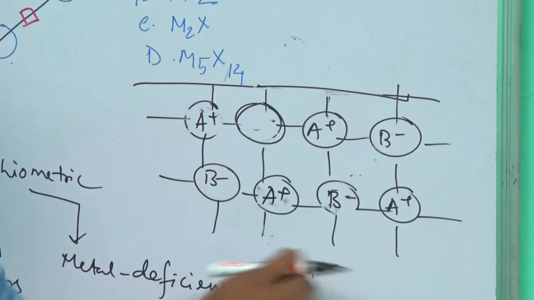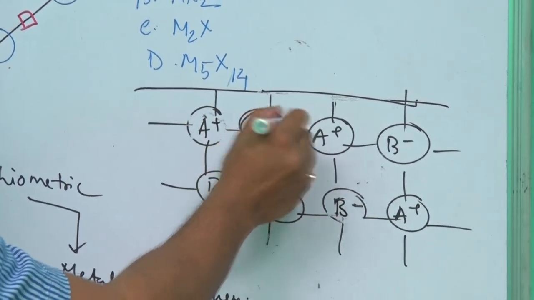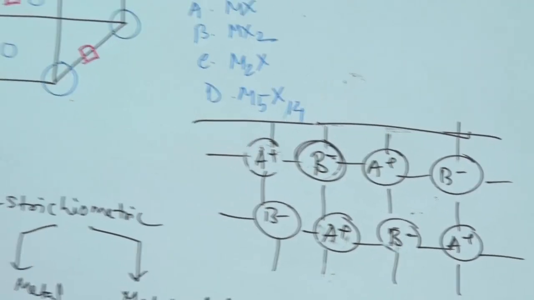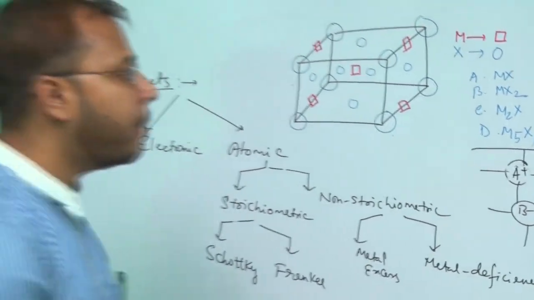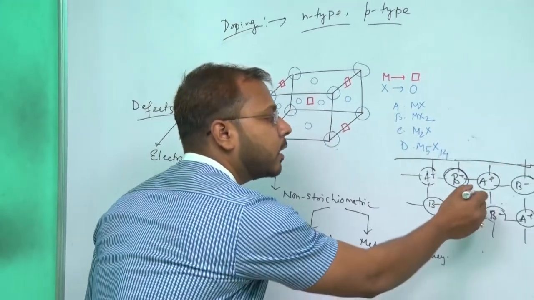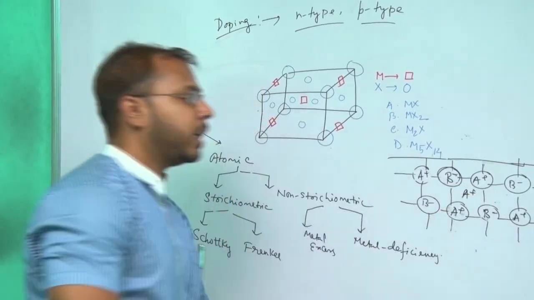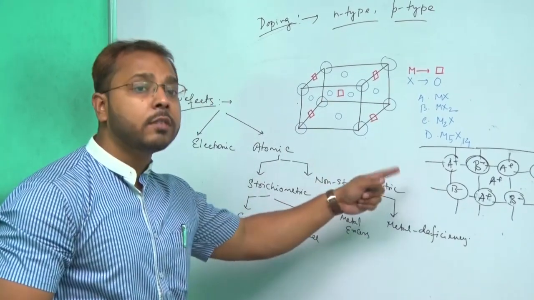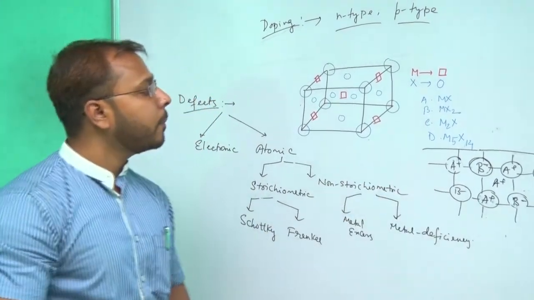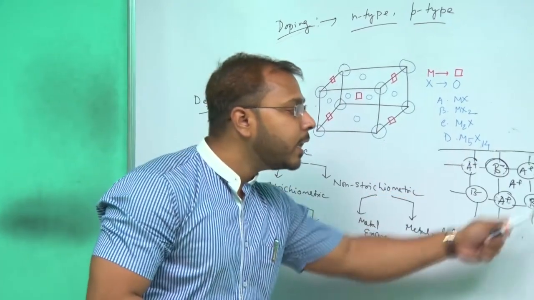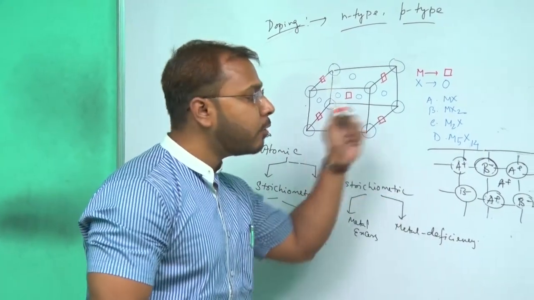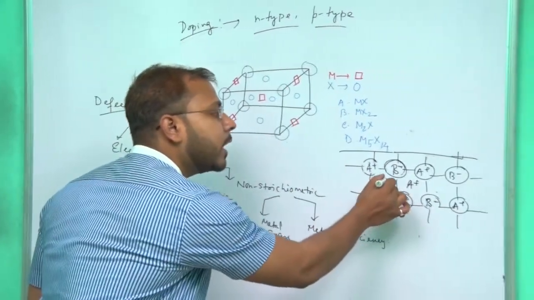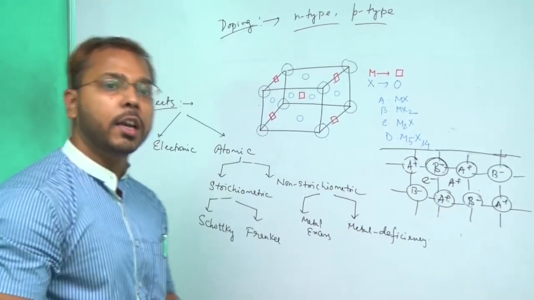All the crystals are there in orderly arrangement, but some of the A plus may come from any other crystal and occupy the interstitial gap when heating energy is provided. It is observed in case of ZnO. Then, to maintain electrical neutrality, some of the B minus is also removed by losing an electron here, to maintain electrical neutrality.